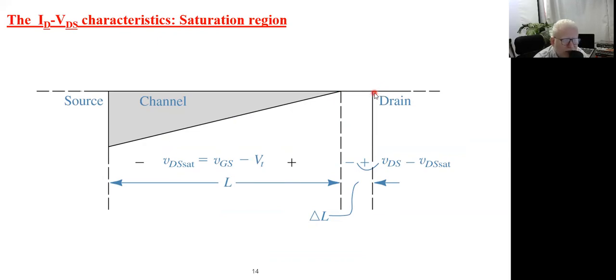So this is the original channel length, this is the drain, but due to the increase of the VDS greater than VDS SAT, the pinch off point starts to move toward the left, towards the source, and the effective channel length decreases. So this new L is smaller than the original L in the channel.